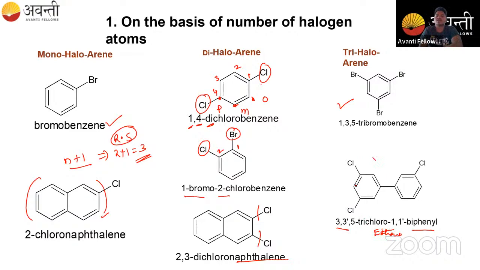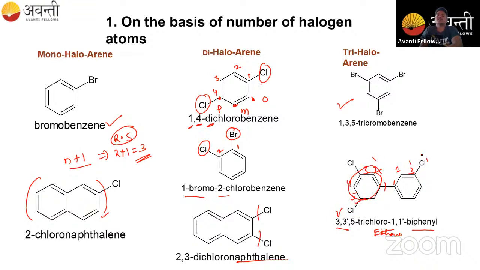So if you are trying to name this particular compound, 1, 2, 3 for this one, and 3 dash you are going to get for the other ring, then this one 1, 2, 3, 4, 5. So third position of this particular ring and fifth position of the other ring. What is 1,1'?